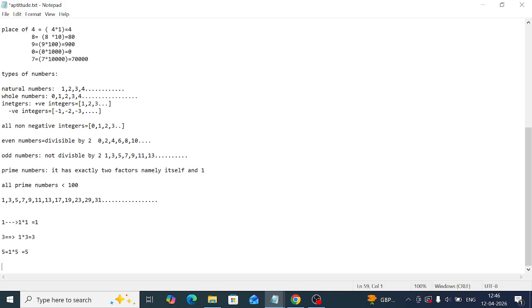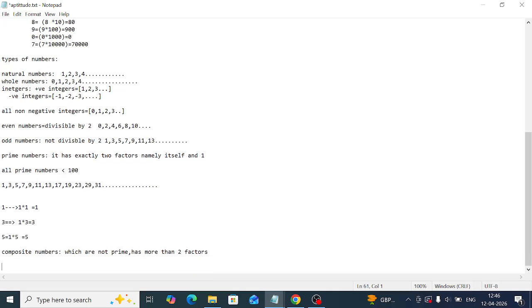Next, composite numbers. Composite numbers means what? Which are not prime numbers, and it has more than two factors.